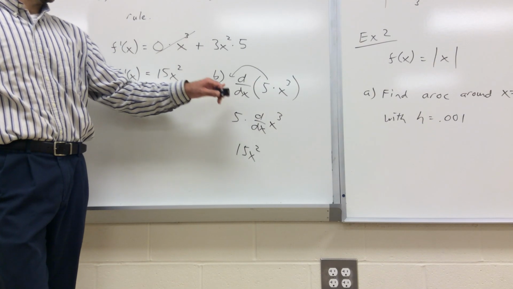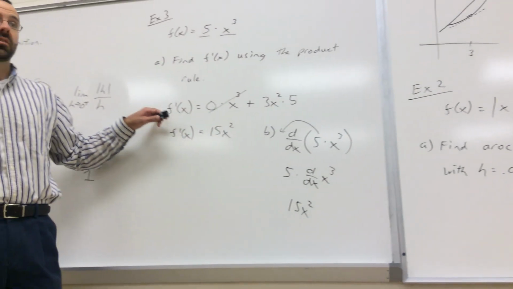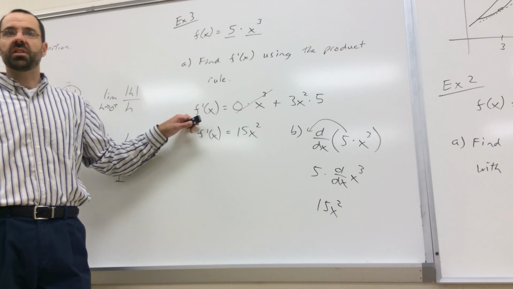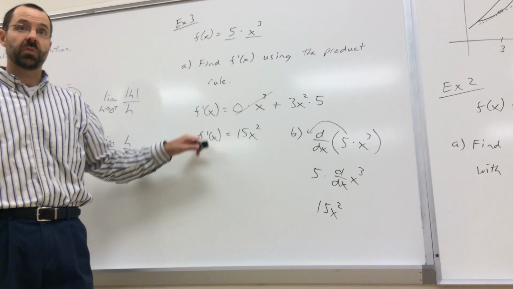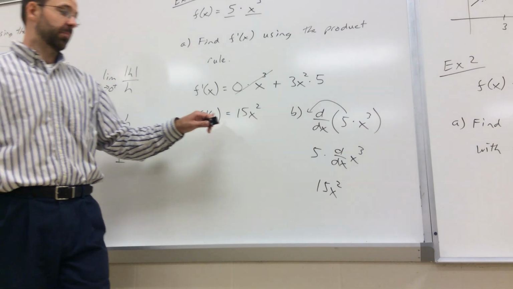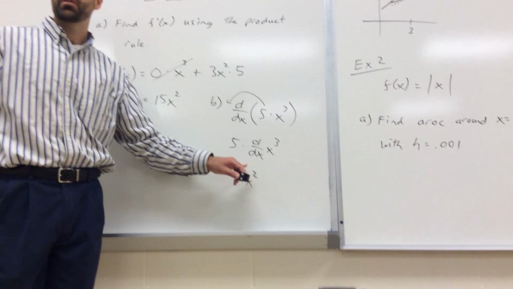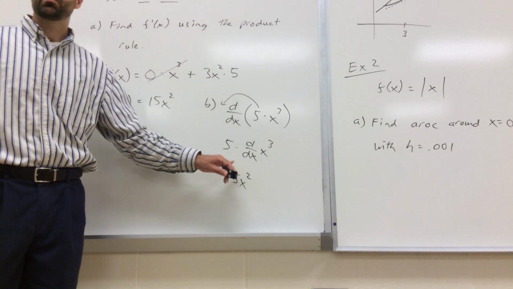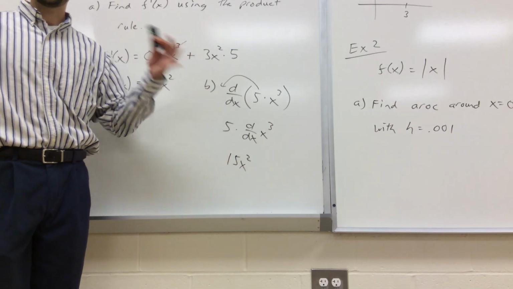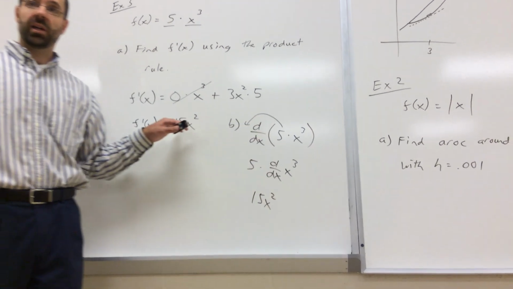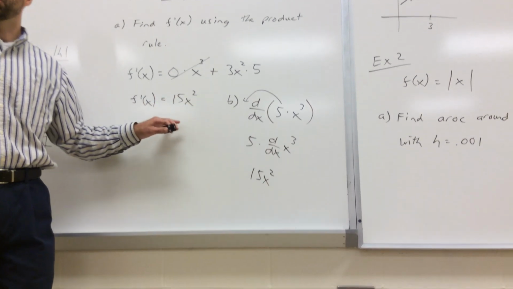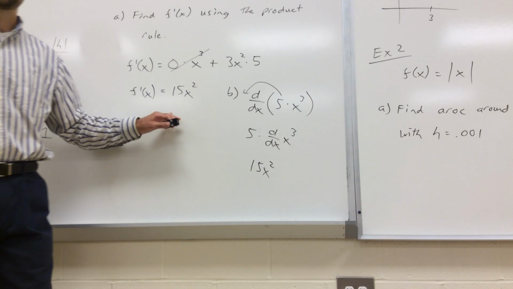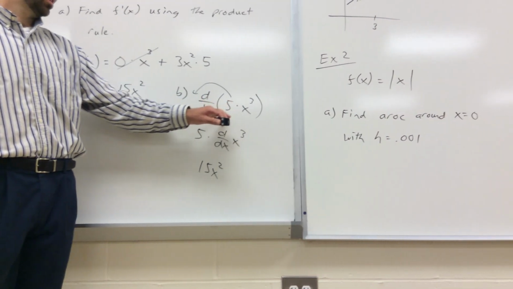But since we just learned this on Friday, I think today people might have tended to do it this way and forget about this way. And I've noticed over the years that people get them mixed up. So I wanted to connect the old way with the new way so that you'd see, it's not a big deal. You can do it either way. But don't forget about the constant rule.